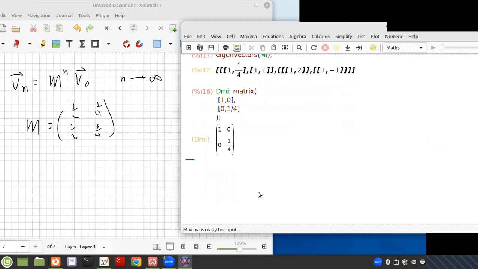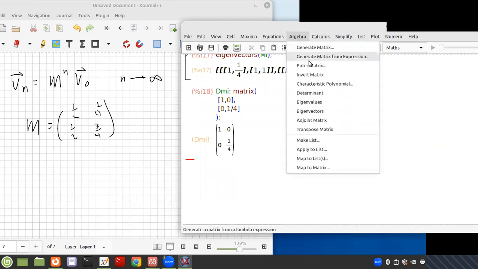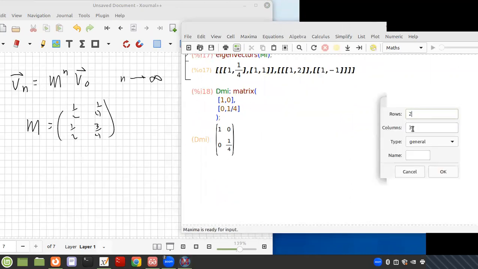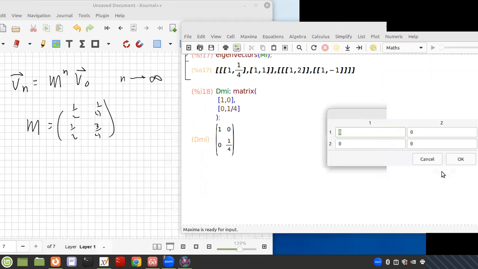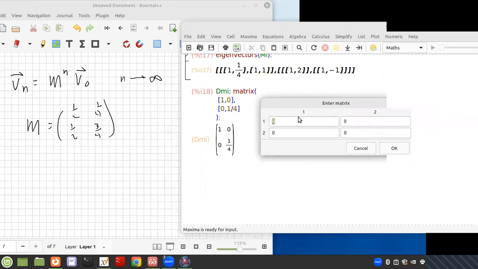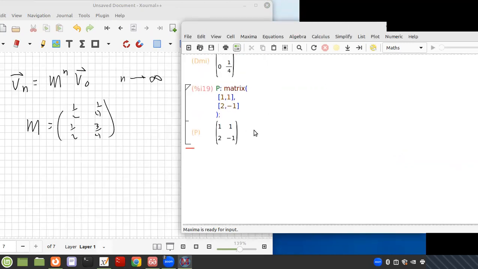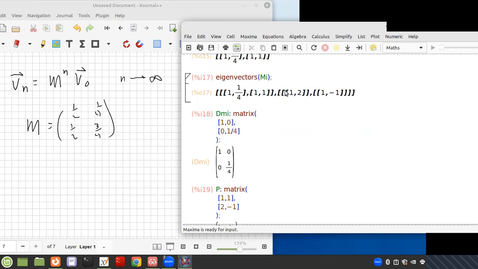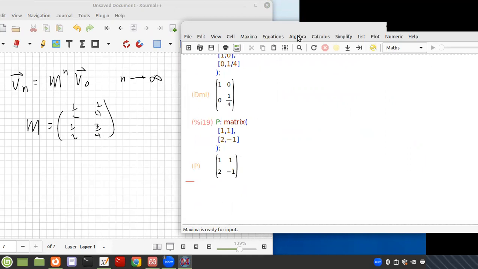Then we need the 2 by 2 matrix P. We have this one here, the first one reading off 1 and 1, and the second 1 and minus 1. So there's P, where I've taken the eigenvectors that correspond to the eigenvalues and made the matrix P.